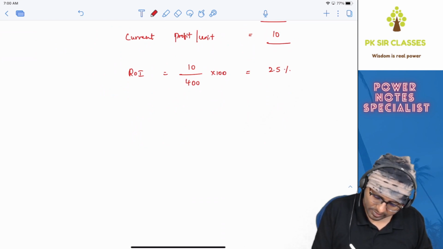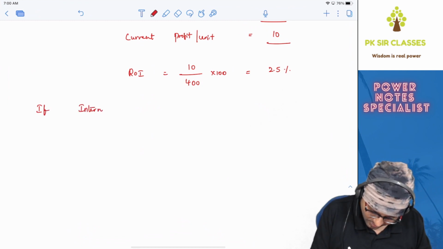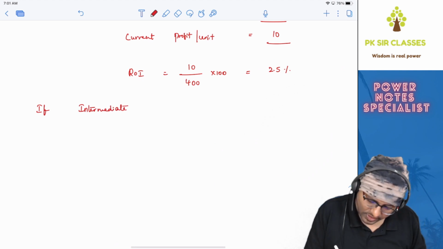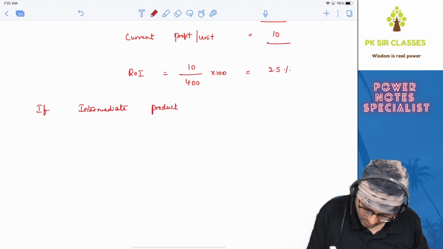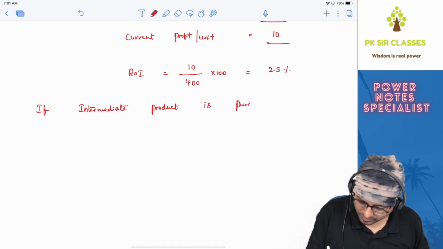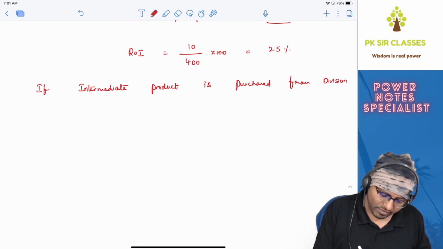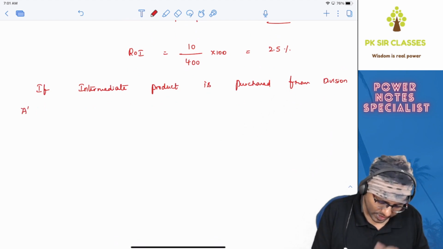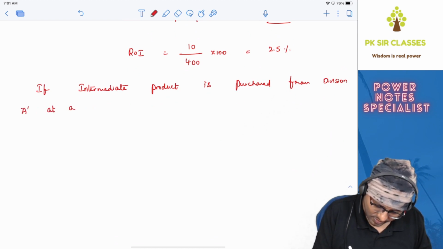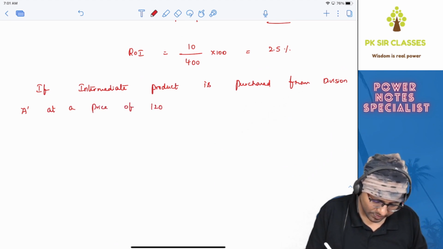Okay, if intermediate product, that is IP, is purchased from division A, right now they are buying from outside, okay, is purchased from division A at a price of 120, right?